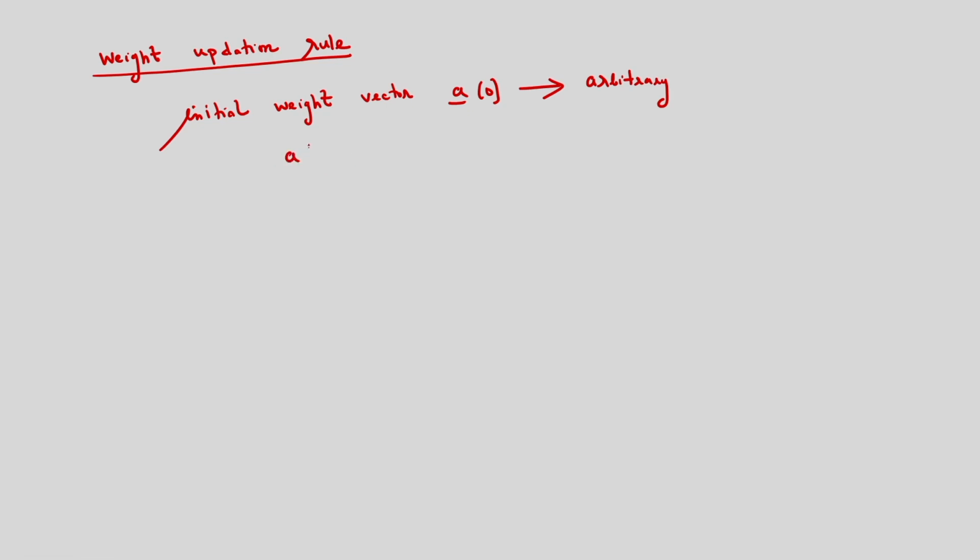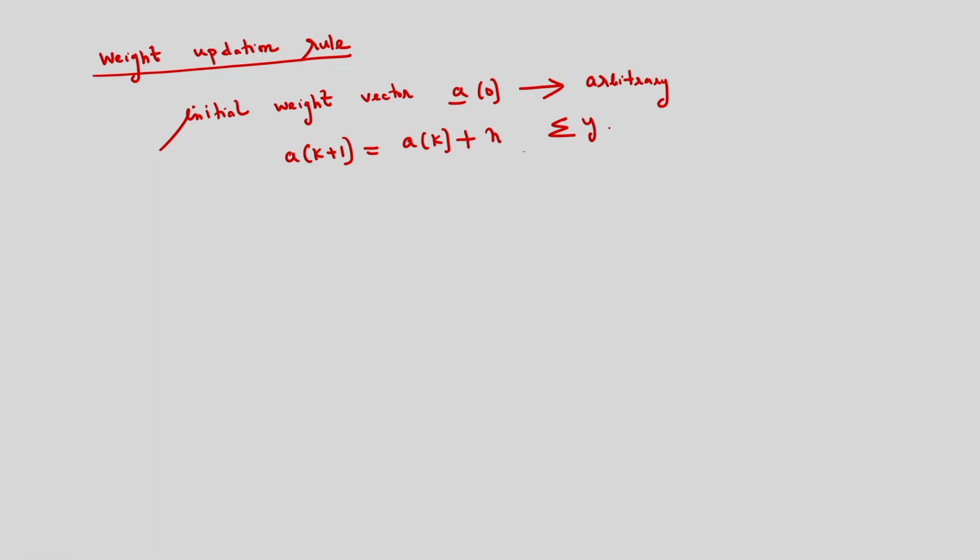and at the k plus 1 iteration, ak plus 1 equals ak plus eta, the learning rate, times summation of y. Previously we considered minus, so minus minus will be plus now.